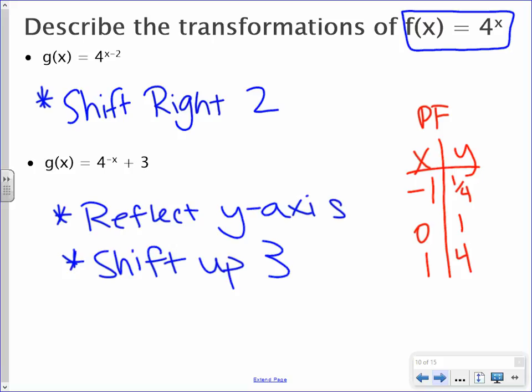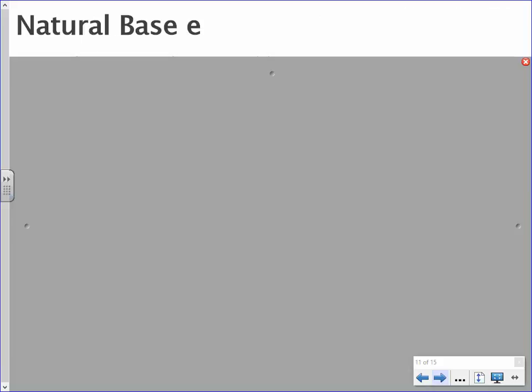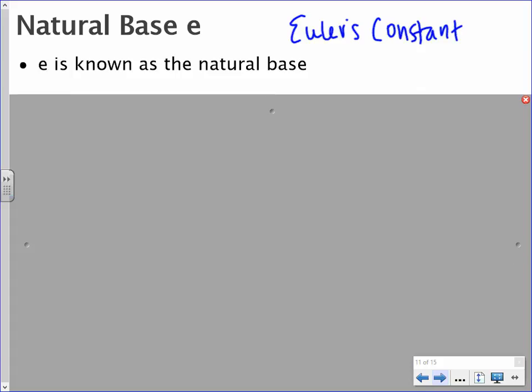All right, so now we need to talk about the number e. Yes, I know e is a letter, but it is also a number, the number e. E for Euler, this is called Euler's constant. Those of you who are interested in mathematicians. We call e the natural base. That's why we have the natural logarithm that we'll talk about tomorrow.